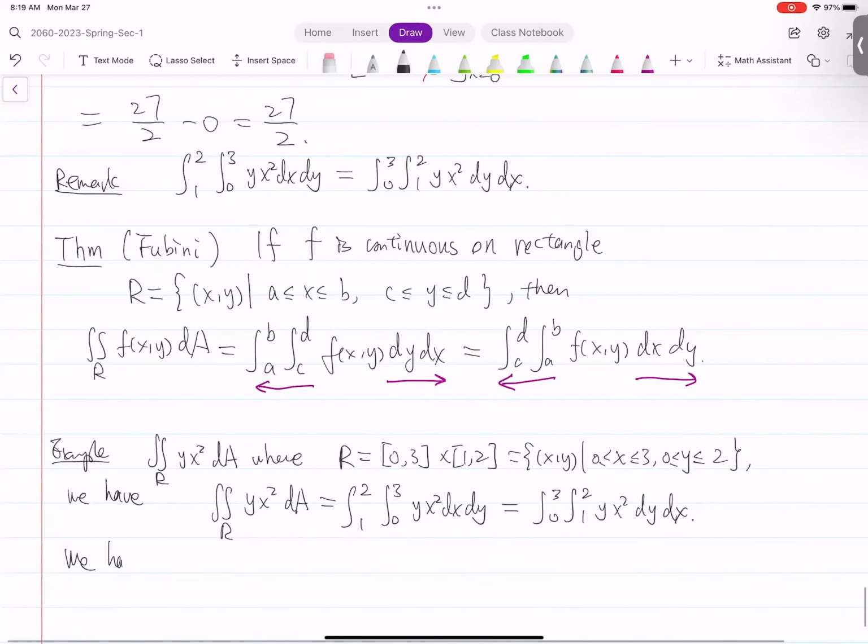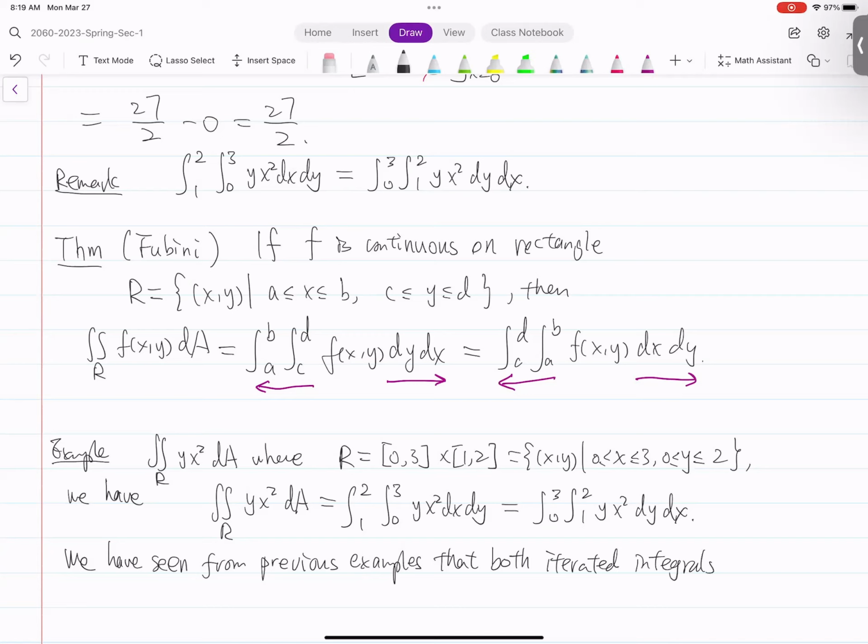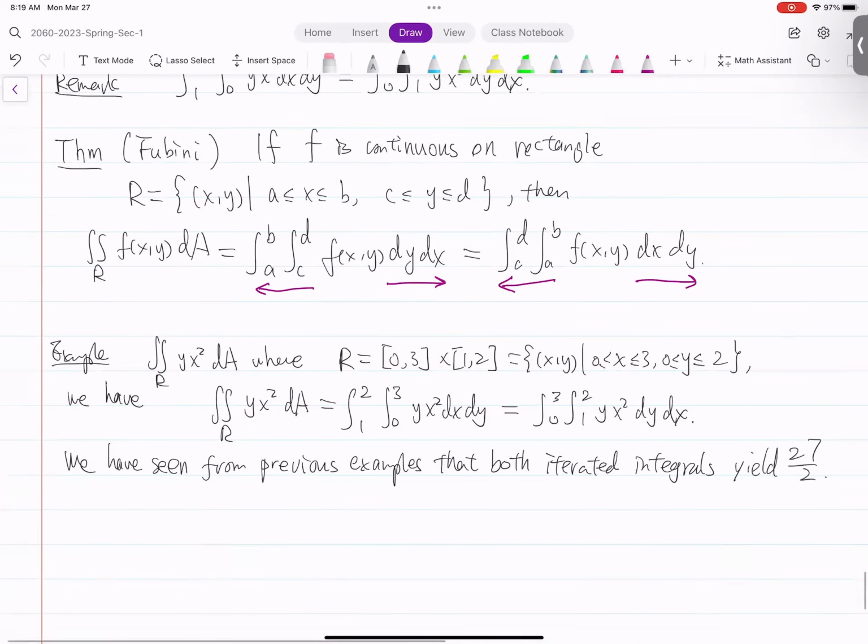We have seen from previous examples that both integrals, both iterated integrals, yield 27 over 2.